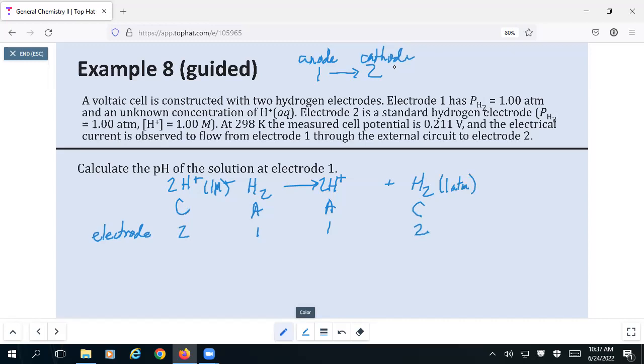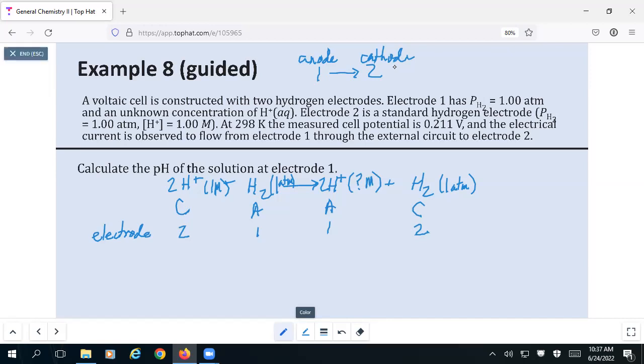And we're going to ignore the differences, slight as they are, between 1 atmosphere and 1 bar for the purposes of this problem, because it really wouldn't make that big of a difference. And for the anode, we also had 1 atmosphere, but we have an unknown concentration.